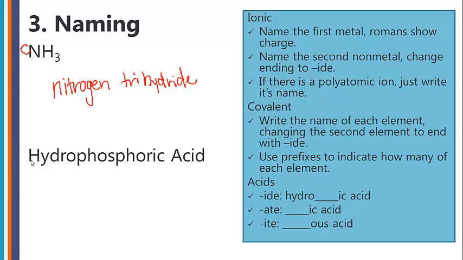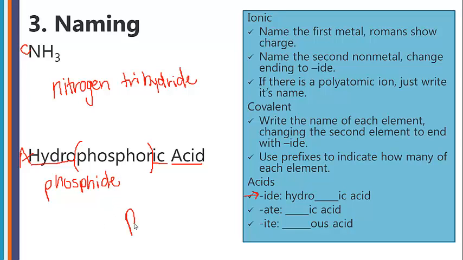Next up, I have hydrophosphoric acid, so that's obviously an acid. So that means that I have to figure out what the ending is. So I've got a hydro blank-ic acid. So that's going to match up here to ide. So it means that this was originally phosphide, which is just plain old phosphorus.